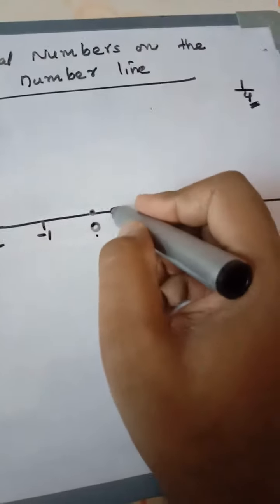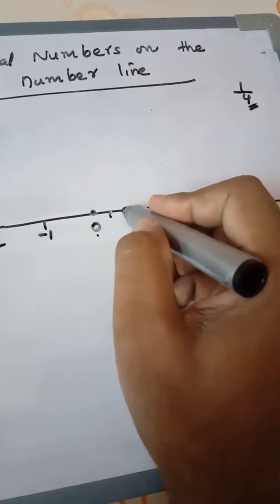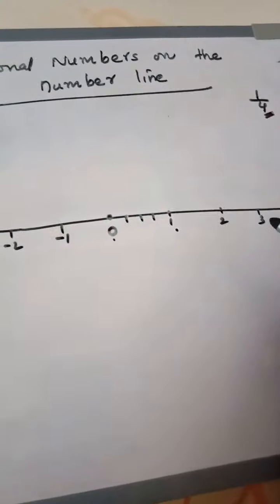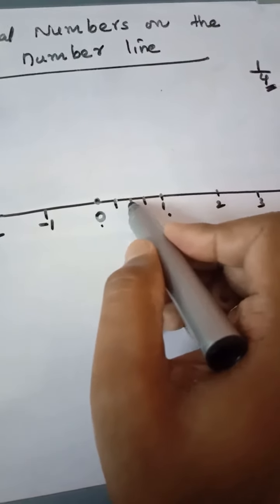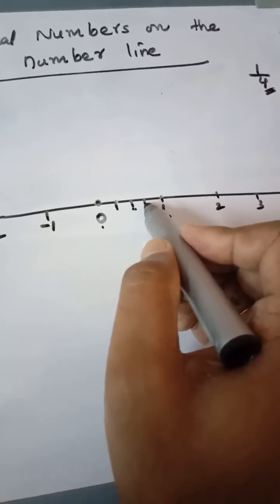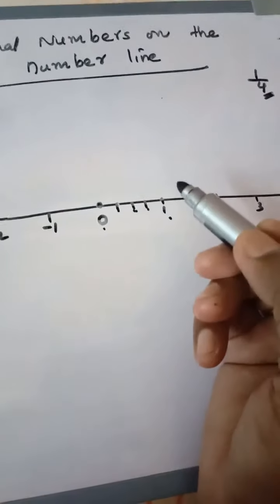Okay, and now here I'm going to divide that portion into 4 equal parts. This is the first part, this is the second part, this is the third part, and this is the fourth part.